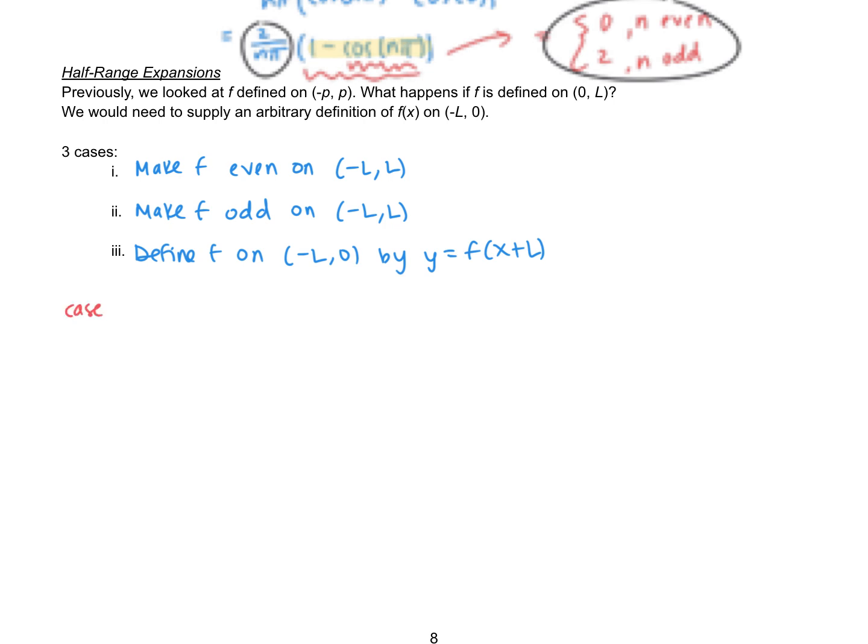I'm going to sketch out what case 1 would look like, what case 2 would look like, and what case 3 would look like.